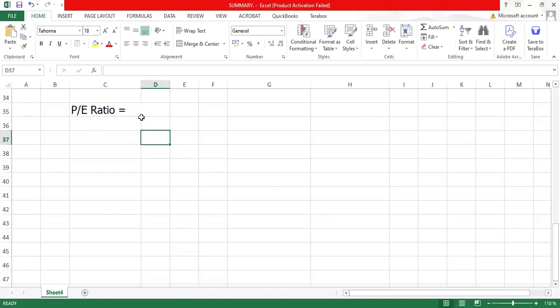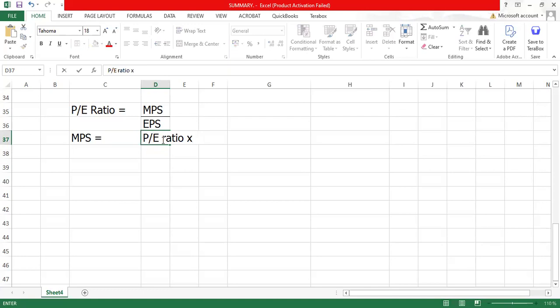P stands for the market price per share, over E, which stands for earnings per share. In the question, you are given PE ratio, and you can get EPS. So your market price per share, the one you're looking for, will be equal to earnings per share times PE ratio.